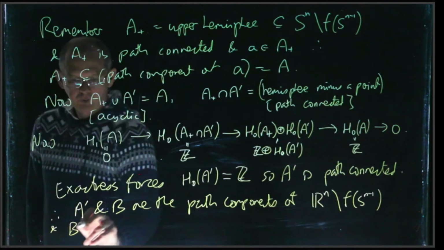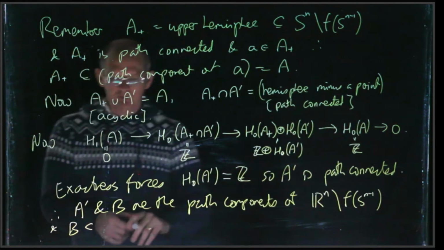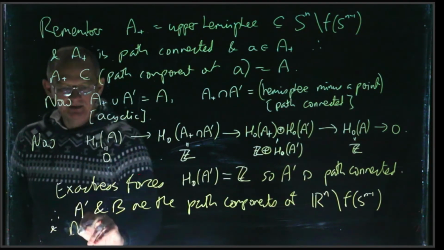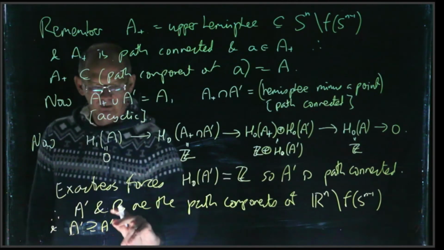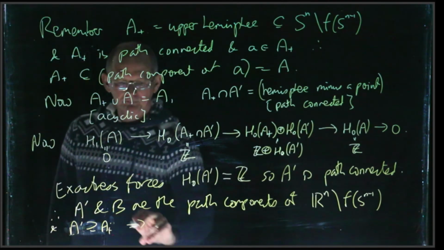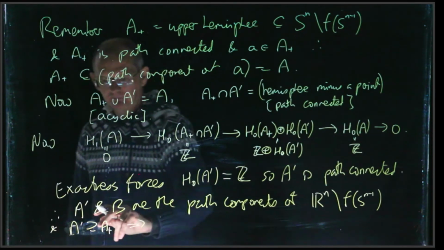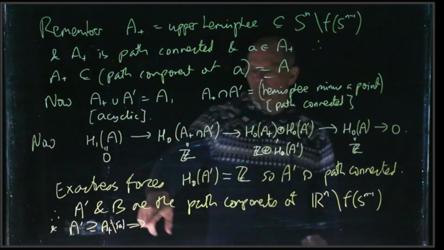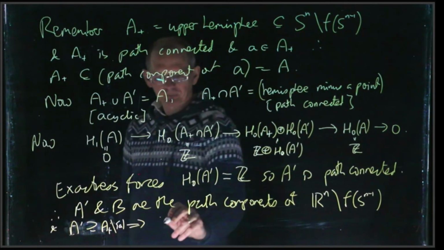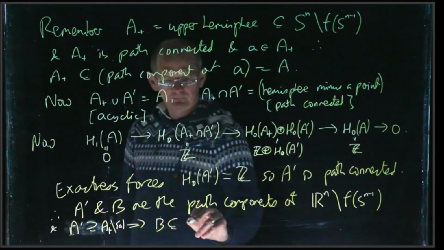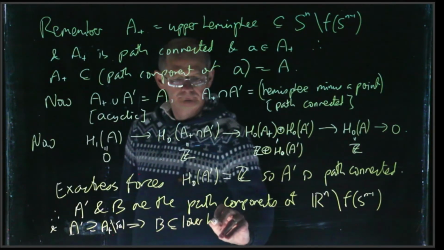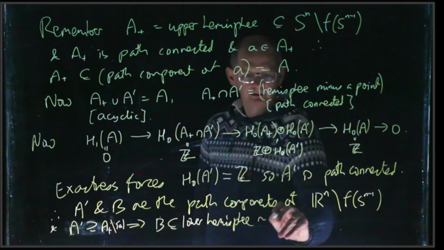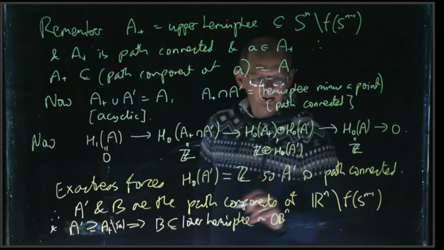So we know that A prime contains A plus with the north pole removed, and so that implies that B is contained in the lower hemisphere, which corresponds to the open ball in R^n.